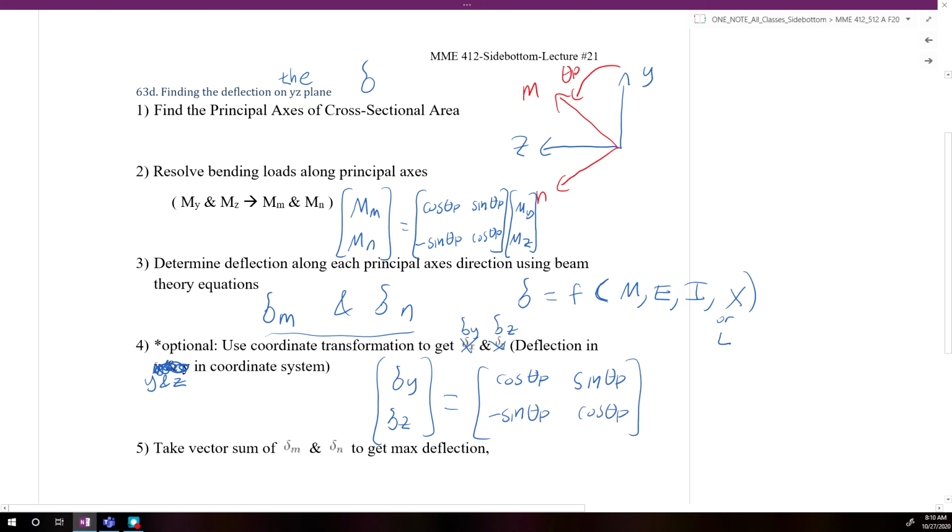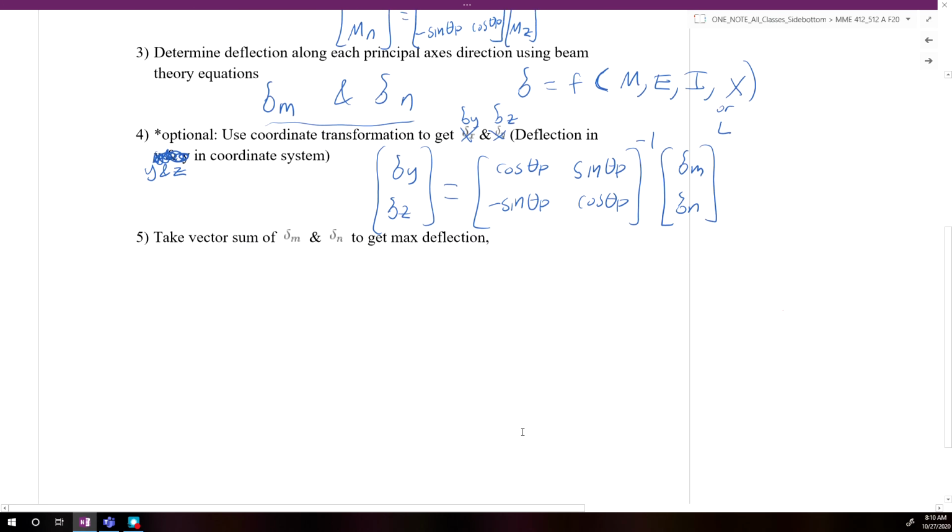We have our transformation matrix, and we're going to take the inverse of that matrix because we're going from mn to yz. That will give us our delta y and delta z. You don't have to do that unless you're asked specifically for the deflection along the y and z axes.